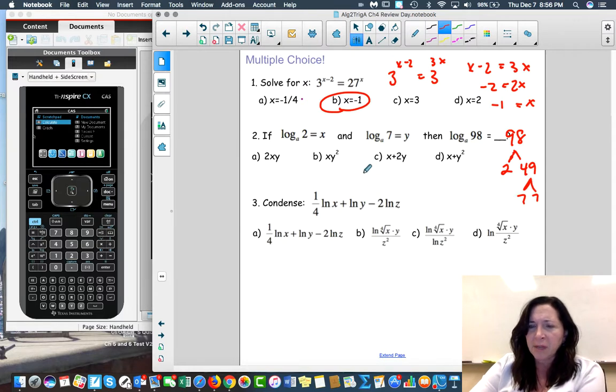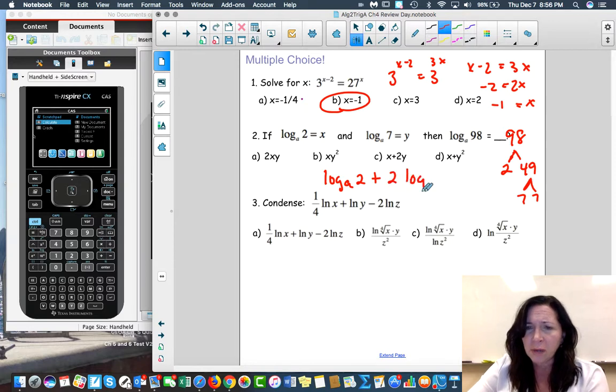So that's going to be log base a of 2 plus 2 log base a of 7. Log base a of 2 is x, so this is x, plus 2 times log base a of 7, that's y. So we have x plus 2y. Is that an answer? Here we go.